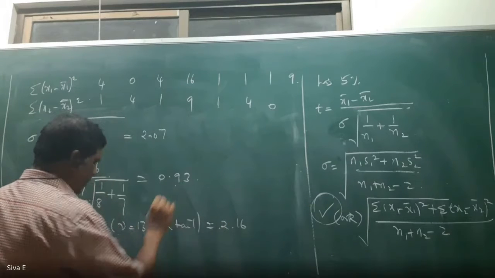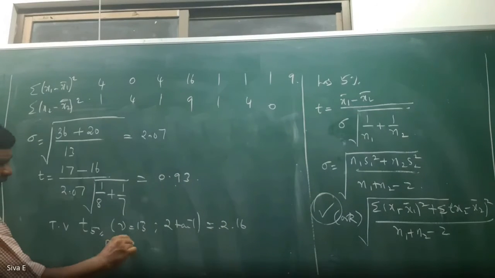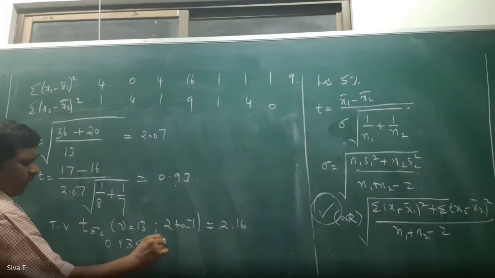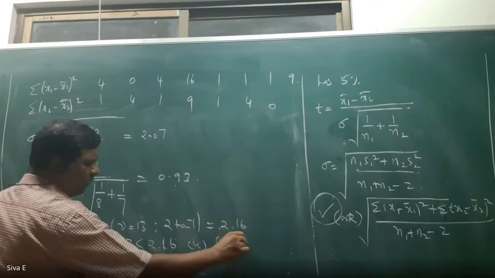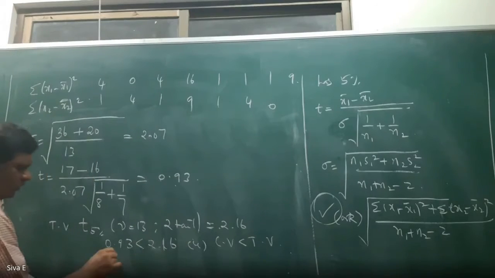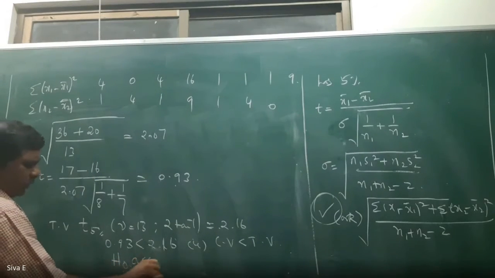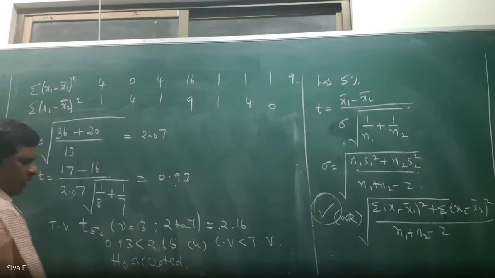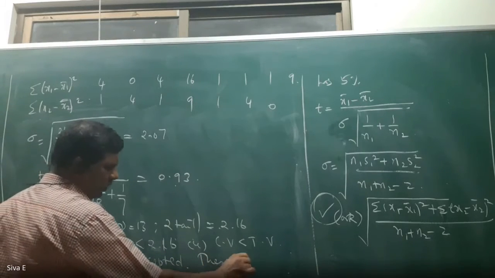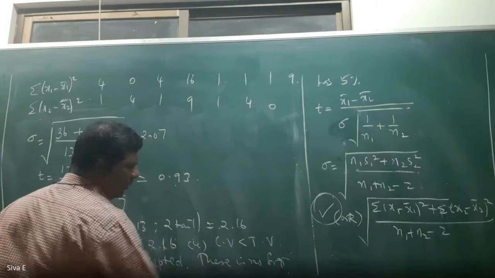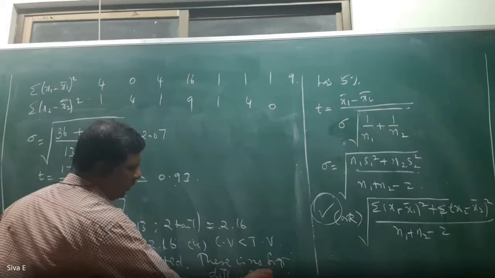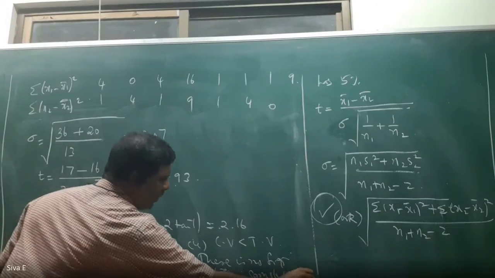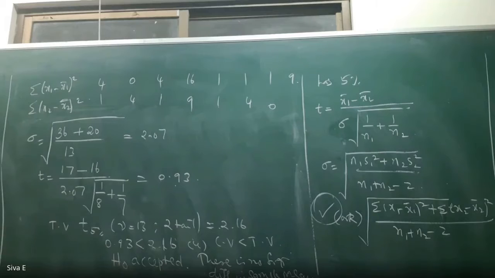Therefore, the calculated value 0.93 is less than the table value 2.16. That is, the calculated value is less than the table value, so H0 is accepted. There is no significant difference in sample mean.